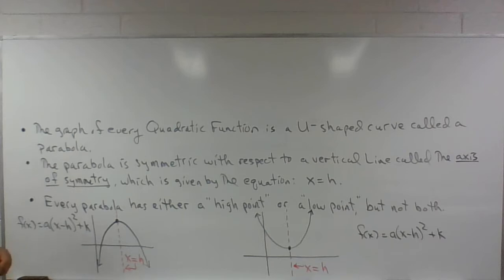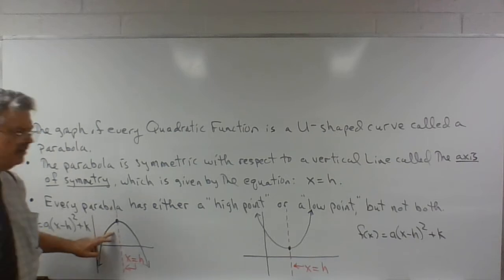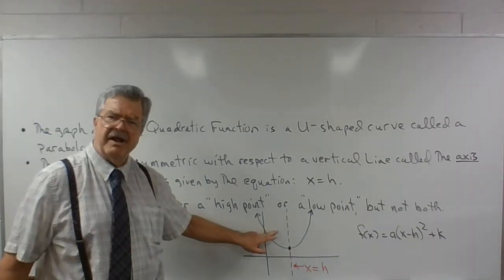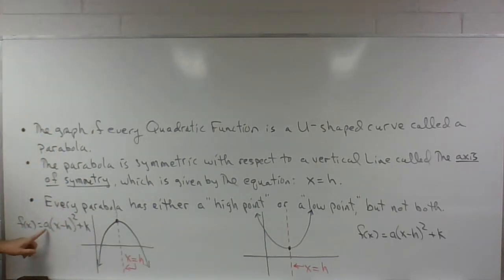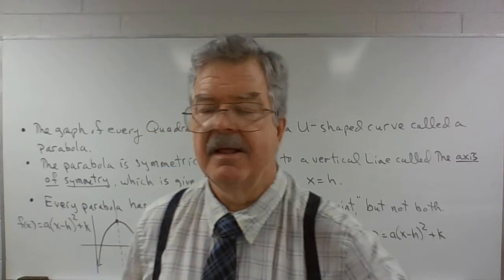Now, son of a gun, this graph looks like an upside down version of this graph. And it all has to do with this constant a out front. I'm going to make that my next bullet point.